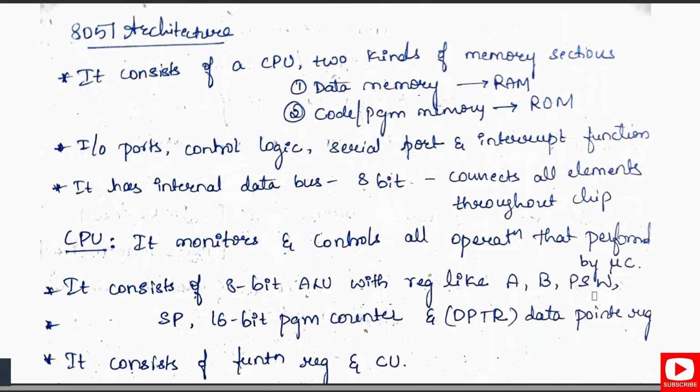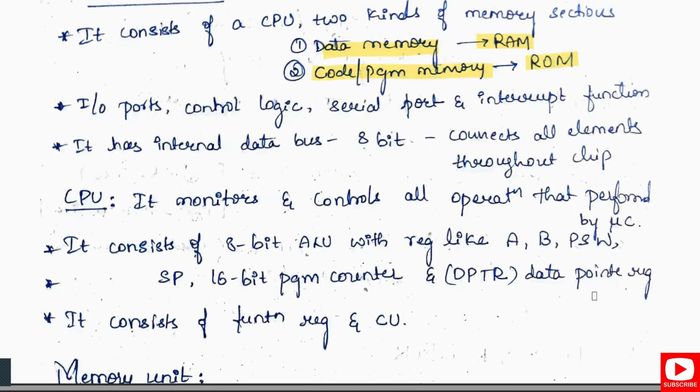Now, specifically explaining the architecture, the explanation you have to write for the diagram is: it consists of a CPU, two kinds of memory sections, one for the data memory, we have RAM, and for the code memory, we have ROM, the input output ports, control logic, serial port, and the interrupt function. It has an internal 8-bit data bus that connects all the elements throughout the chip.